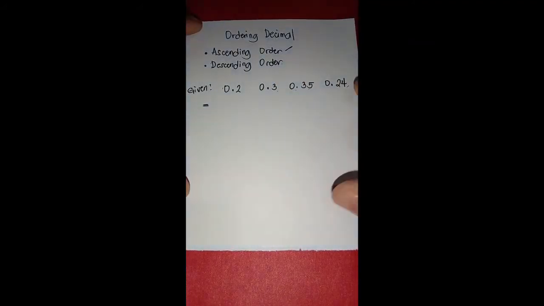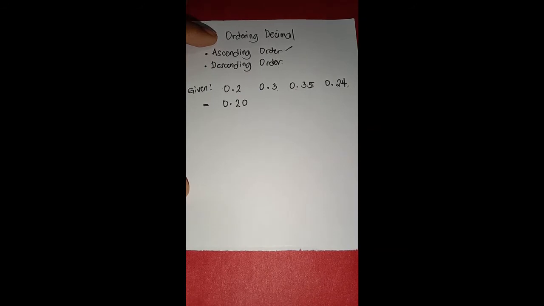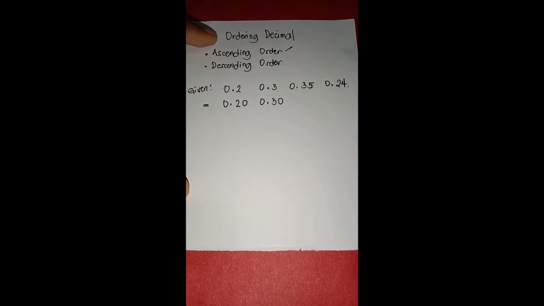Hundredths place yung ating nasa given number. So yung 0 and 2 tenths will become 0 and 20 hundredths, maglalagay lang tayo ng 0 para maging same place value yung ating given numbers.